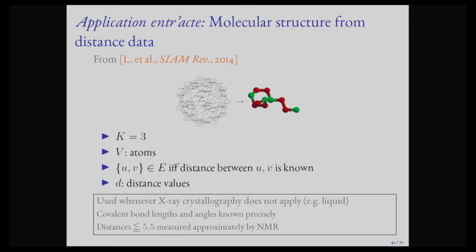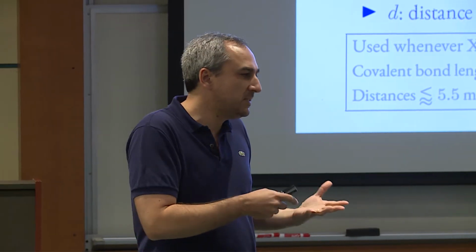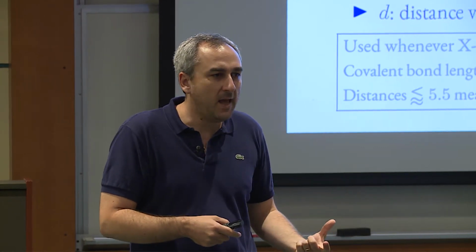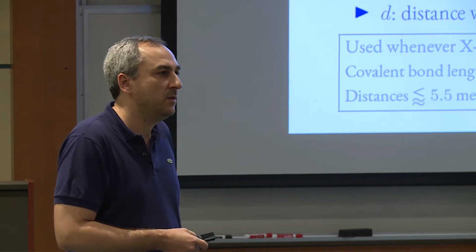These proteins essentially have a backbone. And the atoms of the backbone have an order, the backbone order. This order can be used to infer some of the distances between these atoms fairly precisely, and some of the distances not so precisely because they're inferred in a different way using nuclear magnetic resonance.